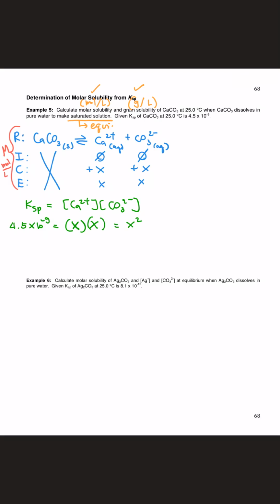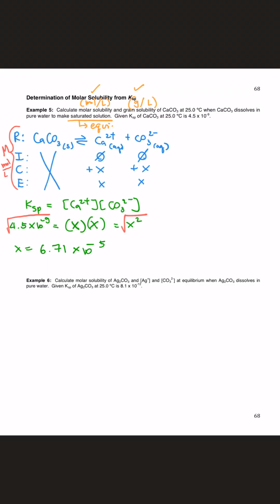In order to get X, you do the square root of this. And the value of X will equal 6.71 times 10 to the negative 5.